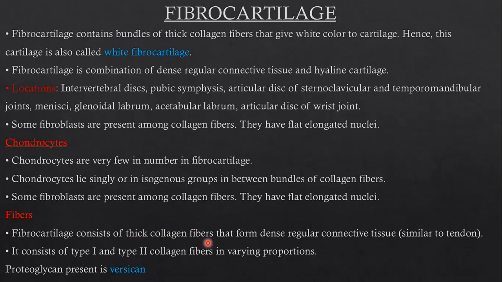So the collagen fibrils usually polymerize to form collagen fibers. Type 2 is very minimal, but remember, type 1 is the main collagen type in fibrocartilage. And the proteoglycan, unlike in hyaline and elastic cartilage, which is aggrecan, here it is versican.